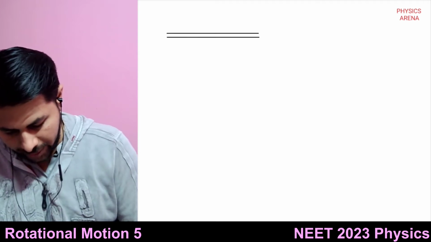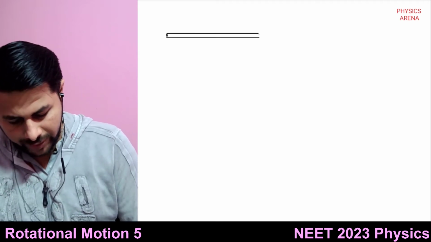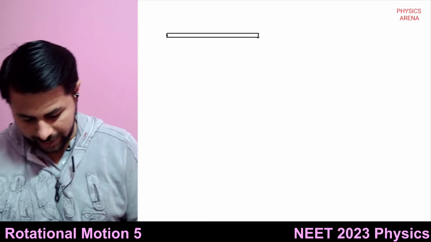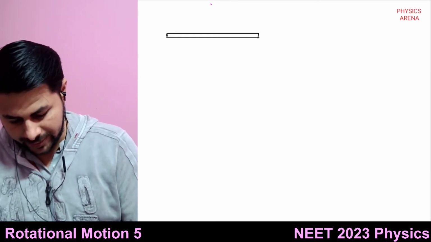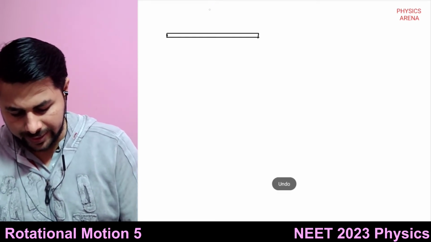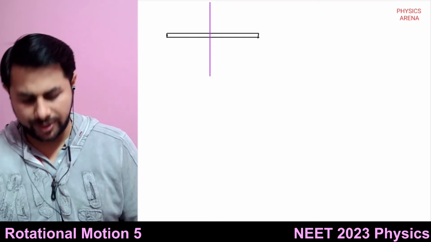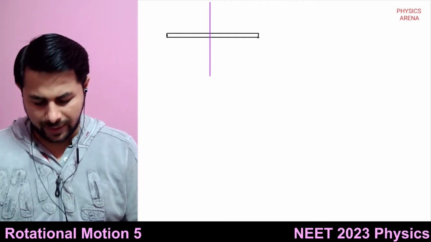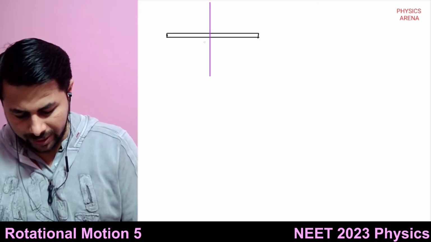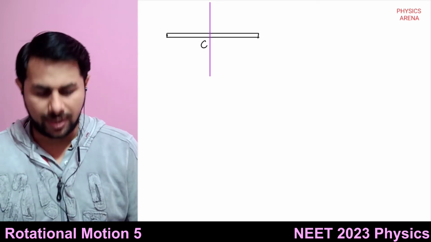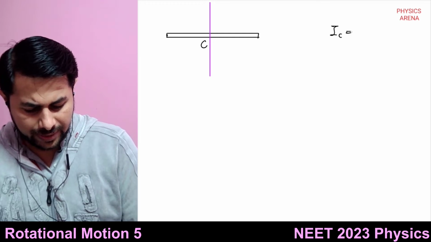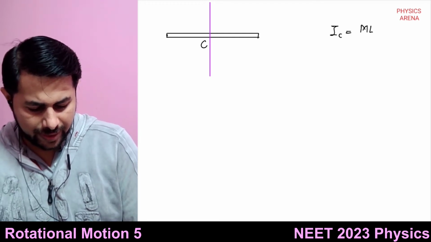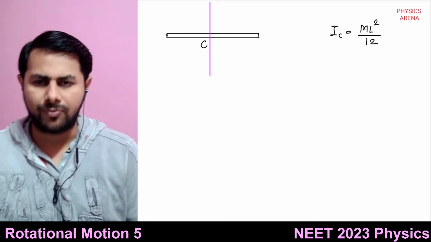This is a thin rod. We know its moment of inertia about this axis, which passes through its center of mass and is perpendicular to its plane. The length of this rod is L. Then its moment of inertia about this axis is IC equal to ml square divided by 12.